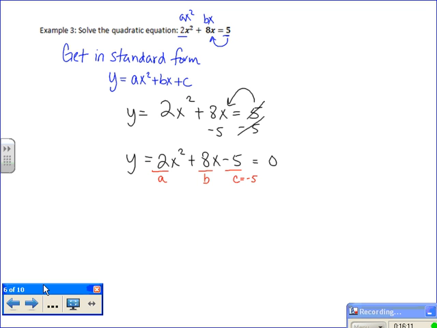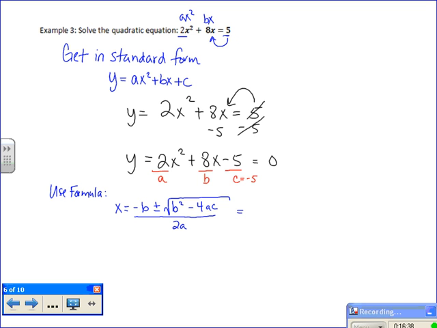Okay, so then I use the quadratic formula. The quadratic formula is that x is equal to negative b plus or minus the square root of all inside b squared minus 4ac, all divided by 2 times a.